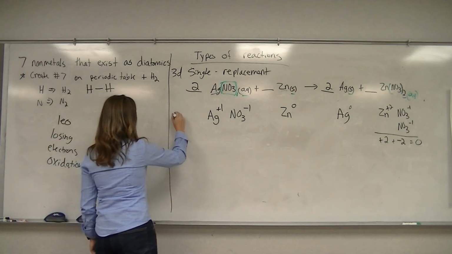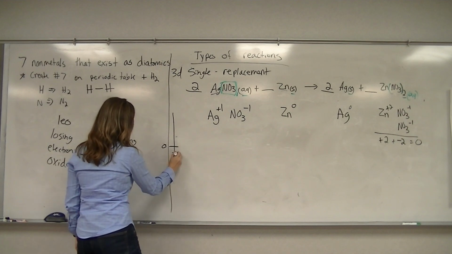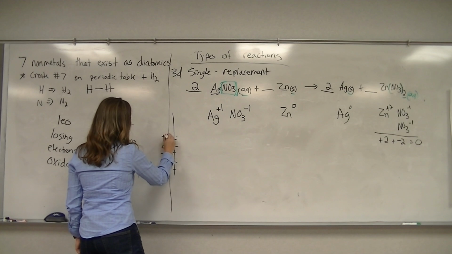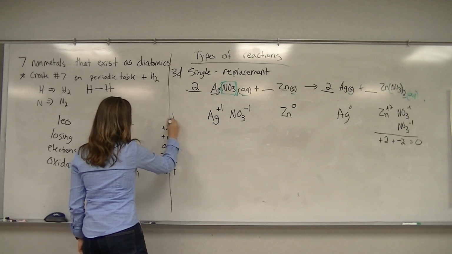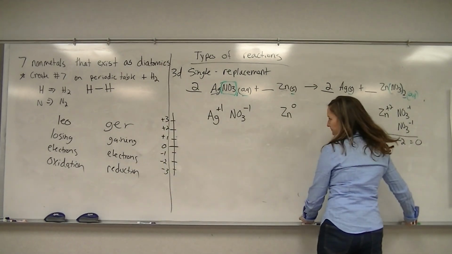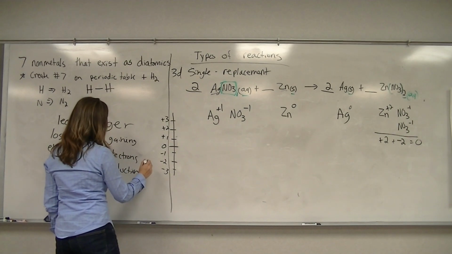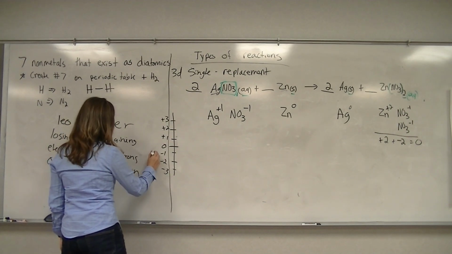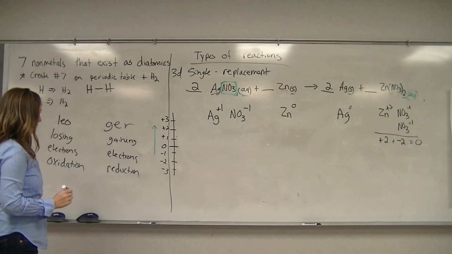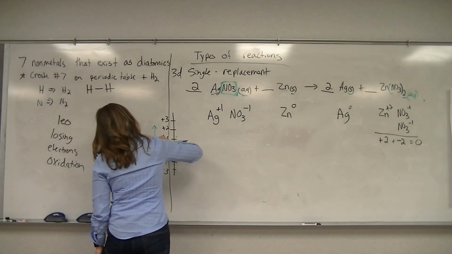So I'm going to look at a scale here. We have 0, our neutral, then we have -1, -2, -3, +1, +2, and +3. So what's happening is, if you are moving up the scale, so you are going up, this is going to be oxidation.